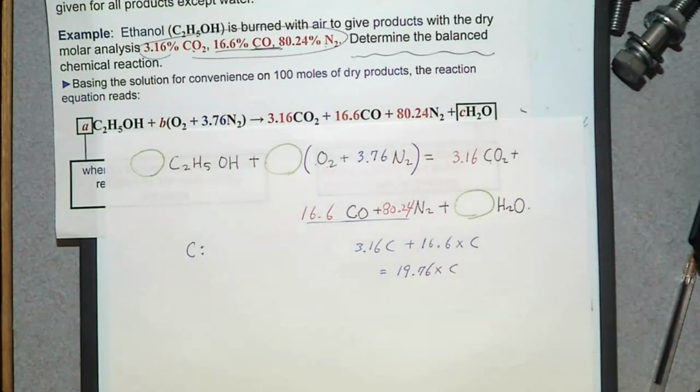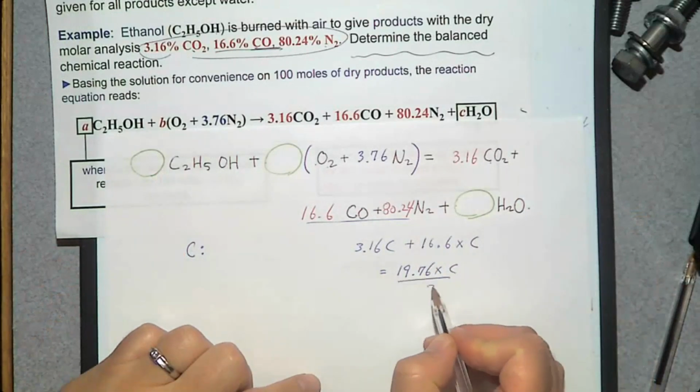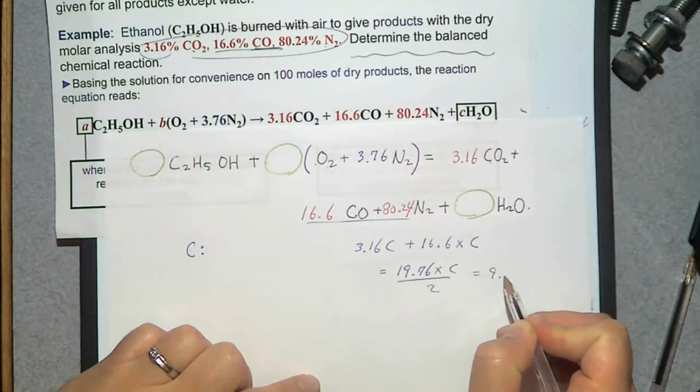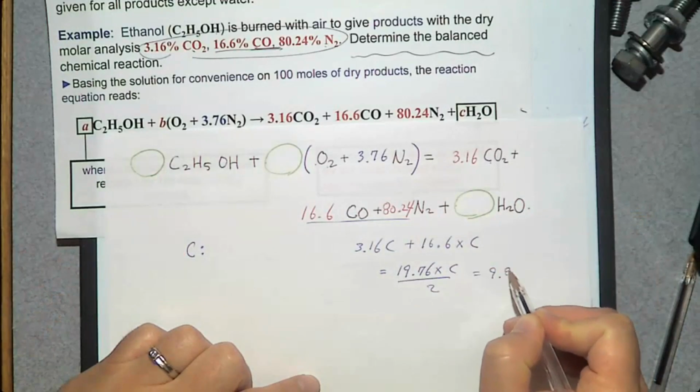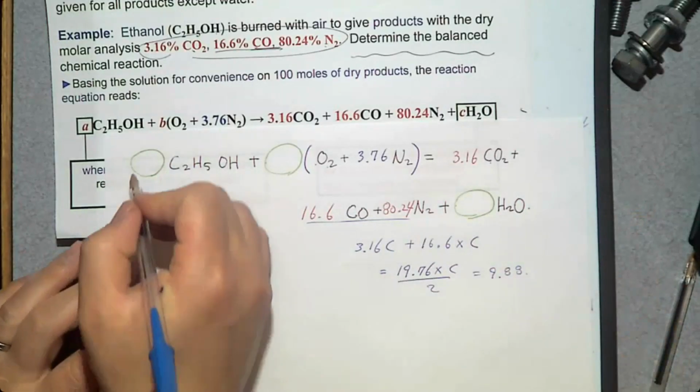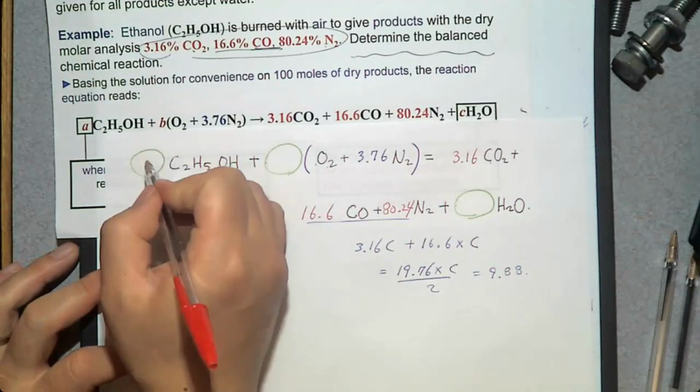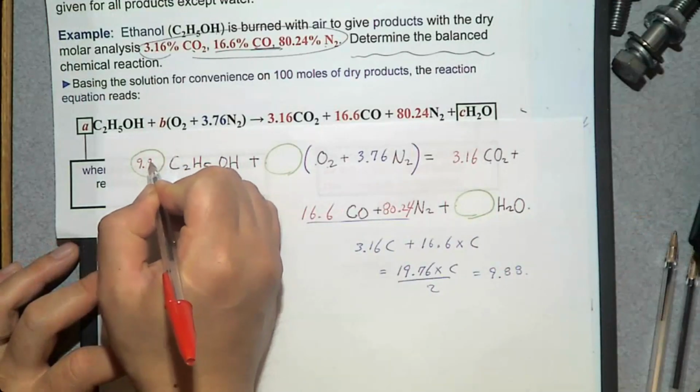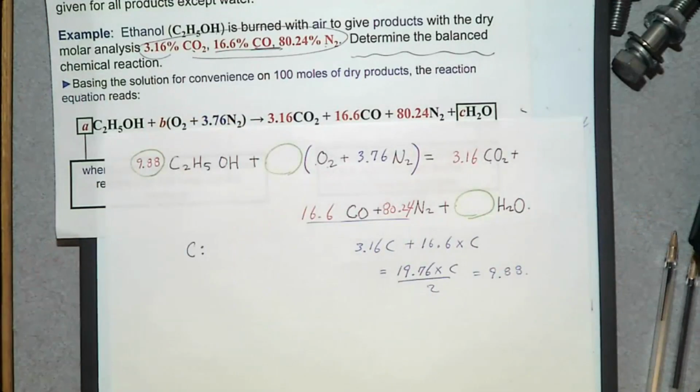Then how many ethanol can we make if we have 19.76 carbons? Since one molecule of ethanol has 2 carbon atoms, this one divided by 2 is 9.88. So we have 9.88 moles of ethanol in this balanced reaction equation.